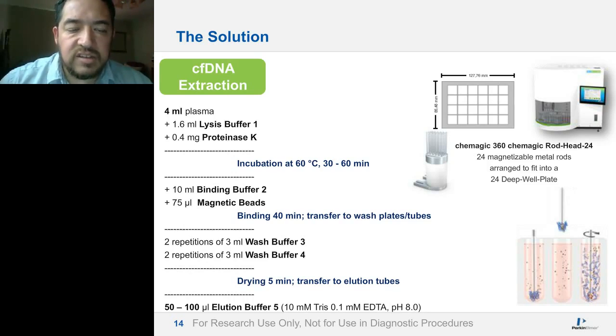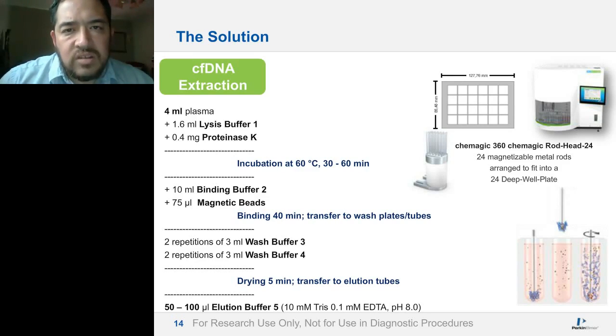We do this at 60 degrees. Afterward, the lysates are put onto the instrument, and with the addition of binding buffer and the magnetic beads, we have a pretty fast binding time for binding the DNA to the beads. This is essentially going after very low molecular weight DNA, which would correspond to the 168 base pair region.